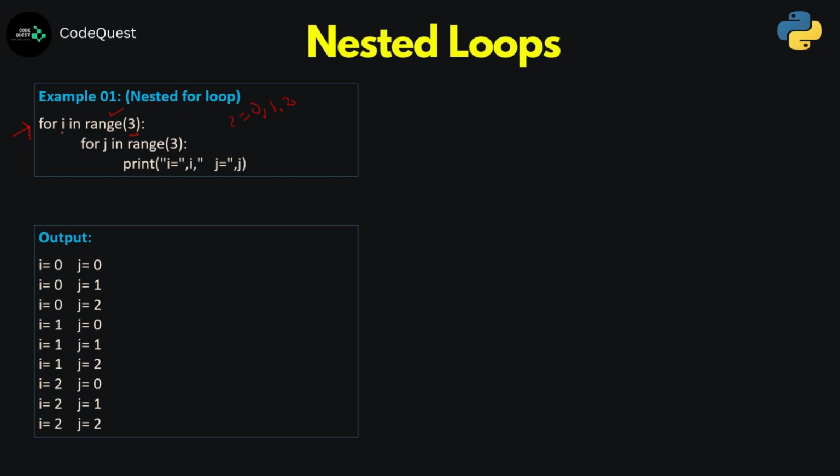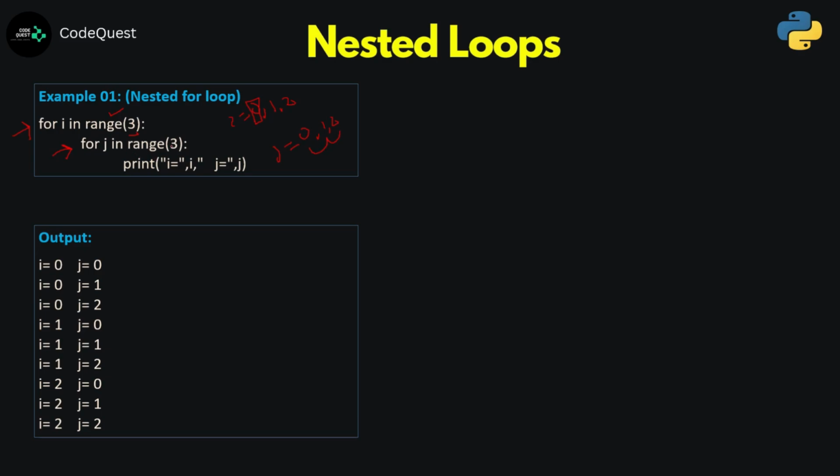Now when we enter this outer loop, the i value first begins with 0. Once we get inside the inner loop, j in range of 3, range of 3 once again produces 0, 1 and 2, which means j will start with 0, then move on to 1, then to 2. As we said already, for one execution of the outer loop, the inner loop is going to go down till the range is finished.